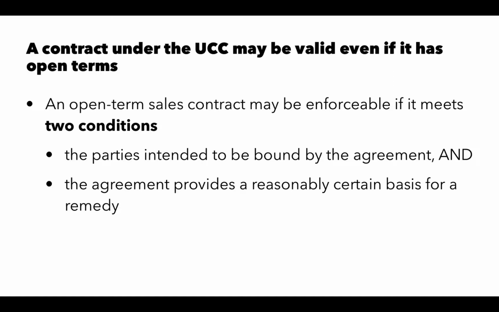If the open terms allow for a reasonably certain basis for a remedy, then the contract may well be enforceable. Now, the UCC gives us rules to deal with these open terms. These are going to provide rules that guide how courts and parties are going to interpret these open terms. And we'll look at each type of open term in turn.